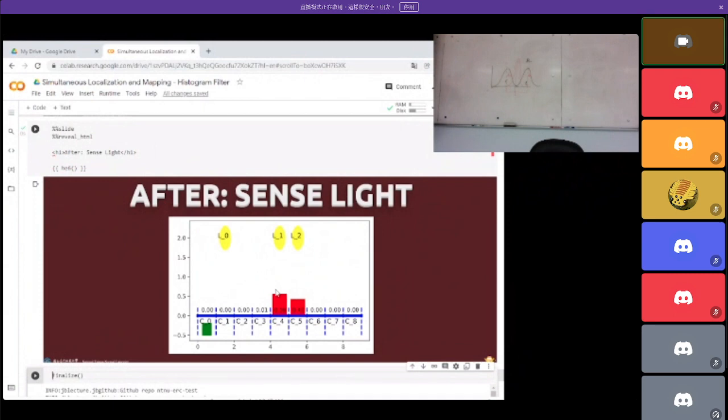Then we detected no light, and then we did another command to move to the right. Now we detected light. The result of this is that our most likely location now is C4.